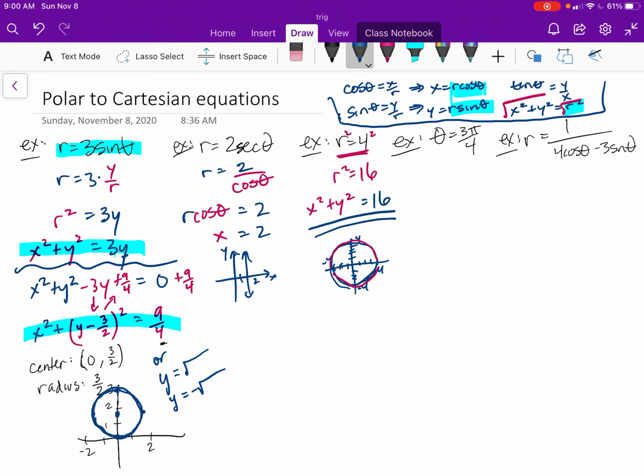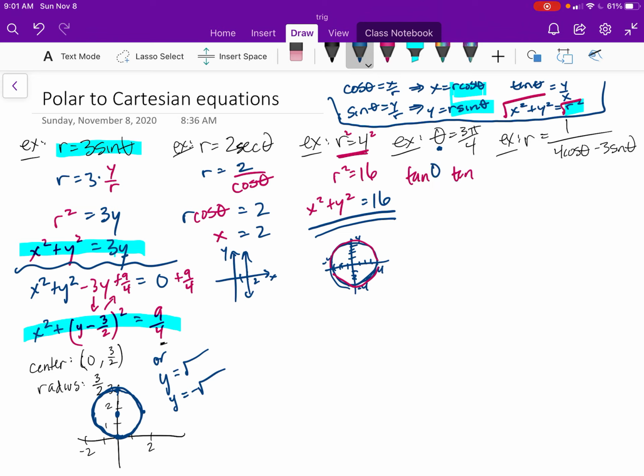You could also kind of picture it and see what the equation would be, but most commonly we use tangent, because we're trying to get rid of thetas and r's. There is an r in there, so I don't really want to try to do anything with cosine or sine because I'd get r's.